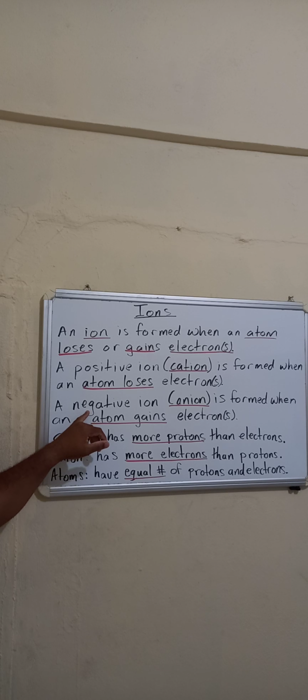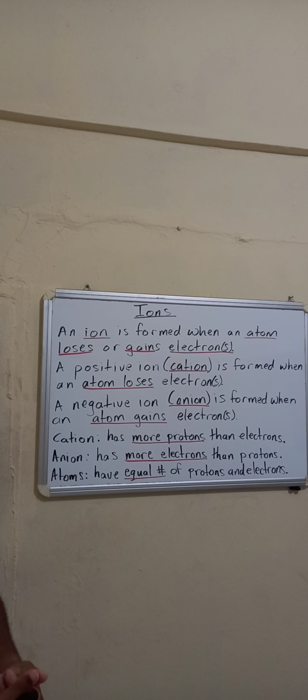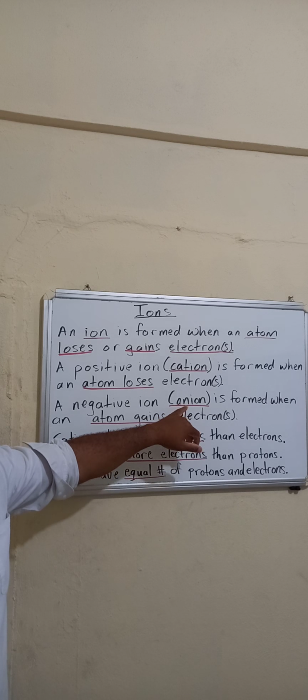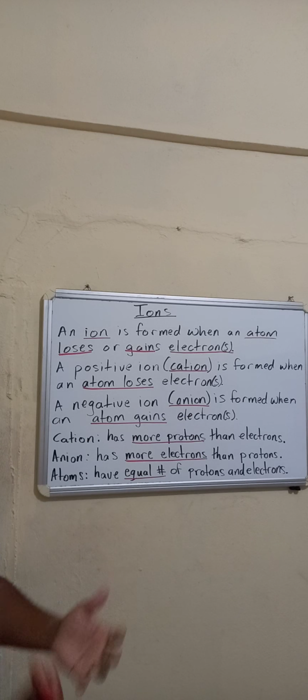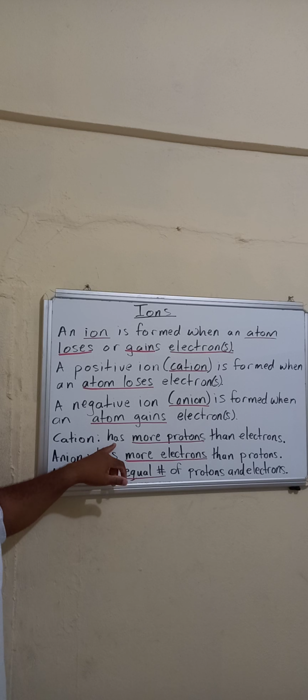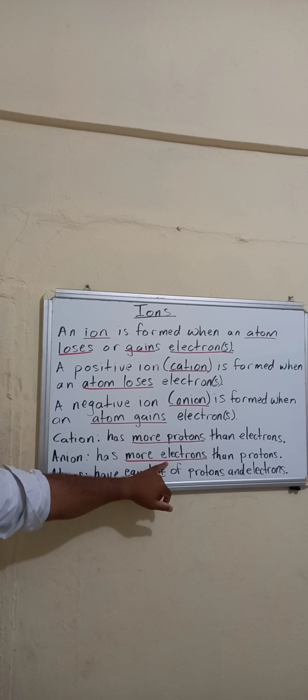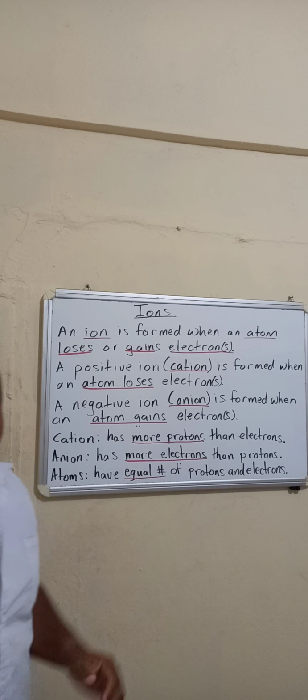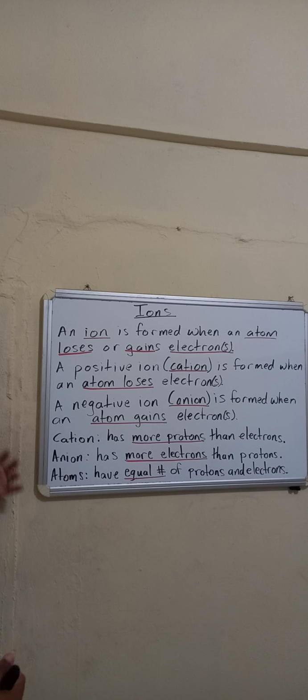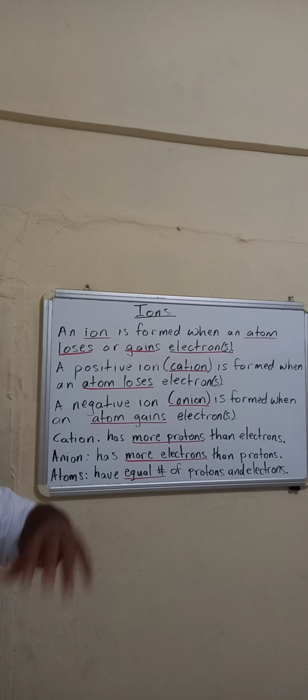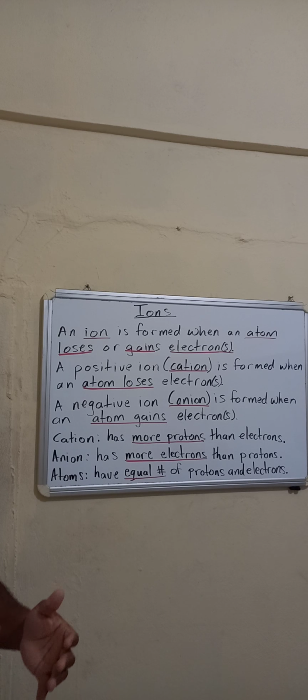Now, a negative ion is going to be formed, which is called an anion. And the anion, unlike your cation, has more electrons than protons. So if you have more electrons, remember the electron is negatively charged. So if you have more electrons than protons, then the overall charge is going to be negative.